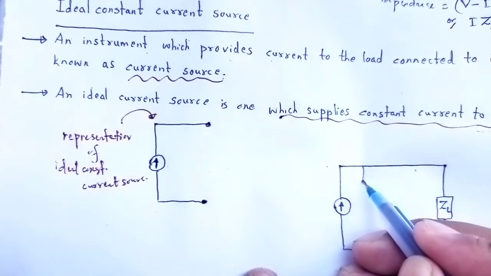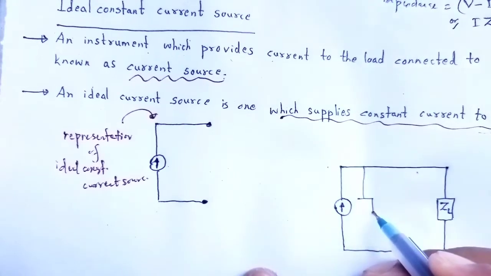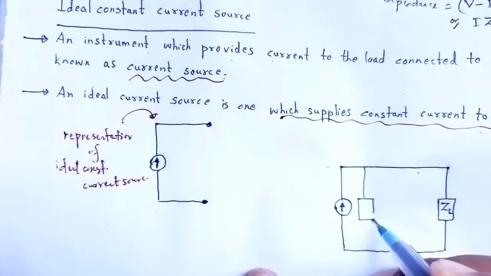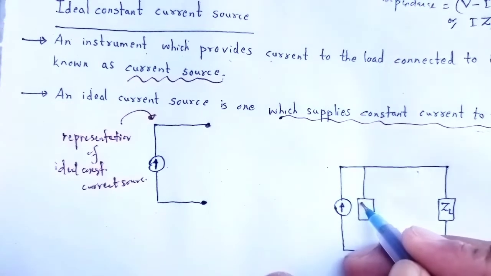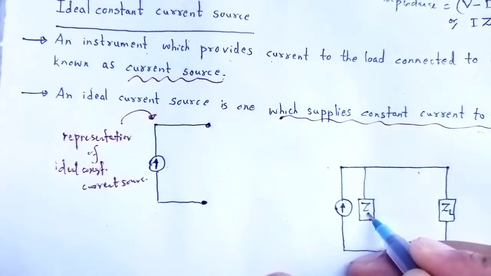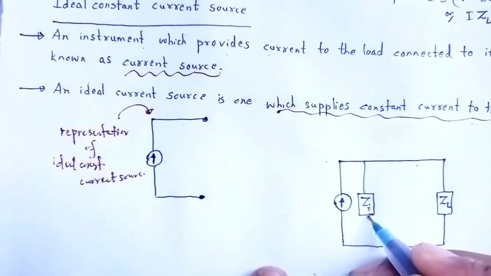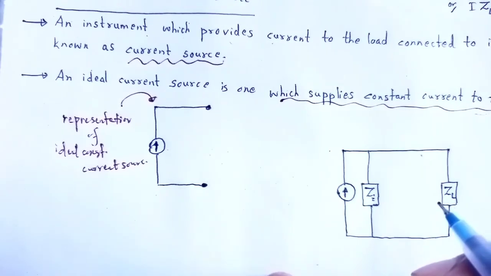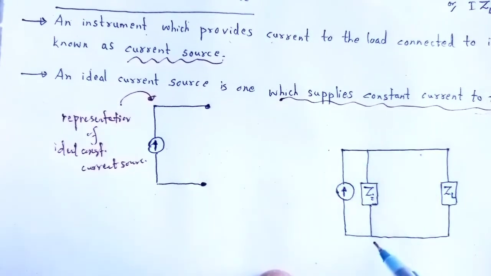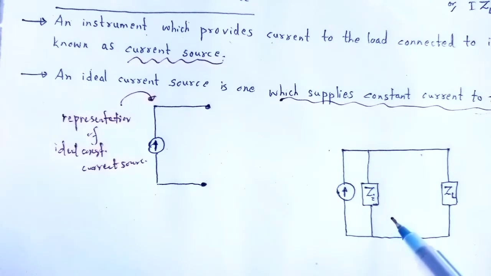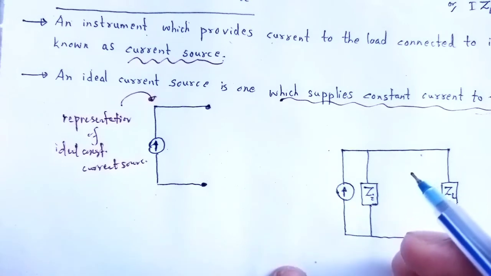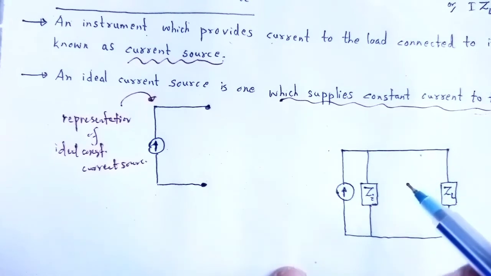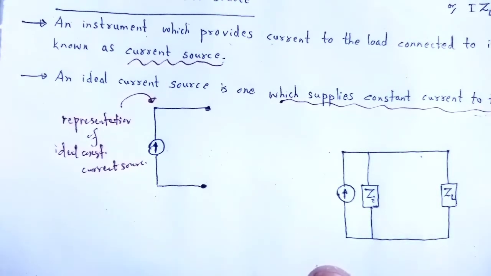It has internal resistance, internal impedance Zi. In an ideal constant current source, the internal resistance is at infinity.